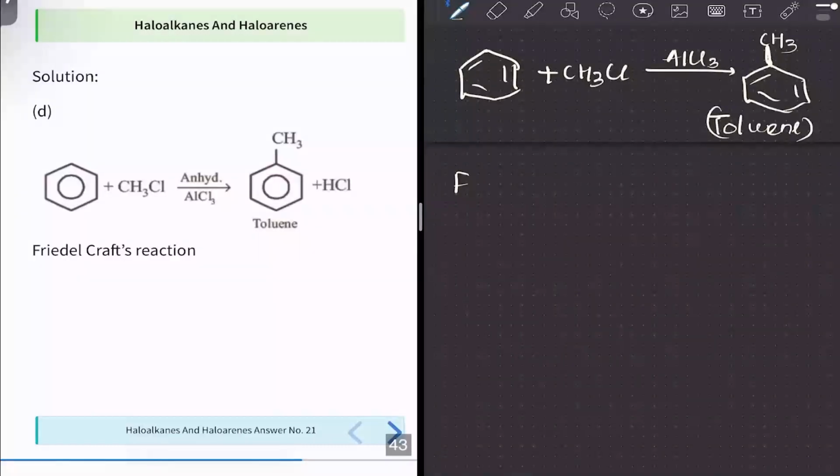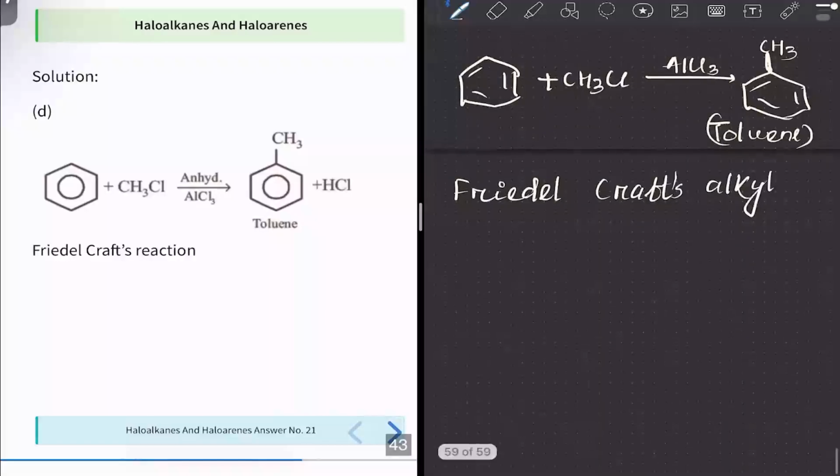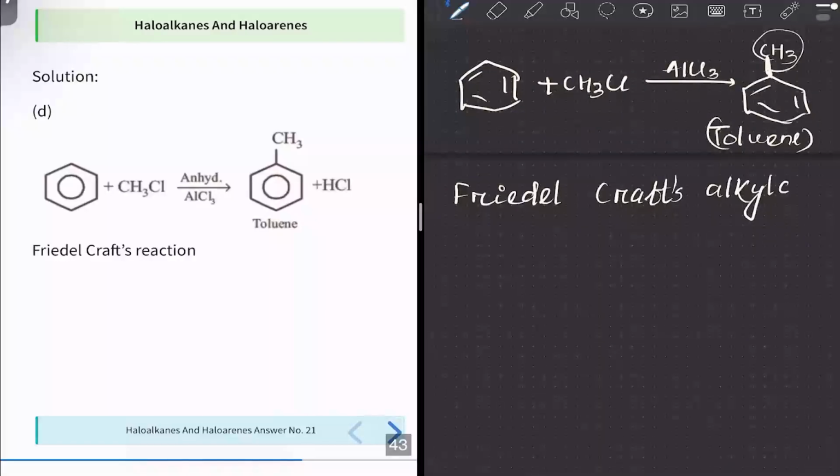Let's write the name of the reaction: Friedel-Crafts. This is alkylation because an alkyl group is substituted. So what will be the acylation reaction? Let's see that also.